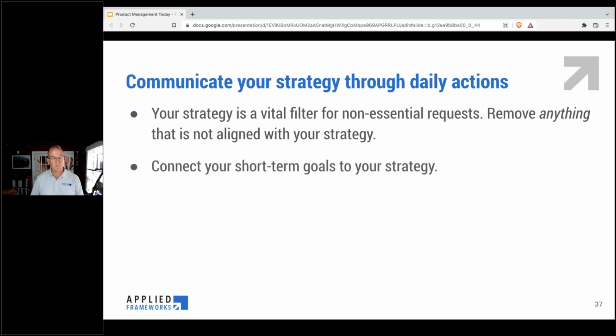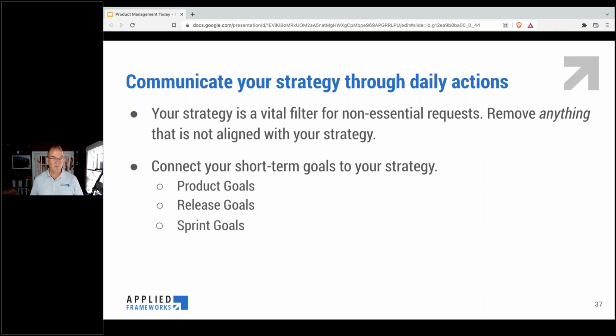Another way to communicate your strategy is through how you think about your short-term goals on a frequent cadence. This may start with your product goals or release goals. Your interim objectives to complete the strategy may be in how you think about those specific goals, ensuring those goals are aligned, and in some ways reinforcing your strategy as you communicate those interim goals for releases.